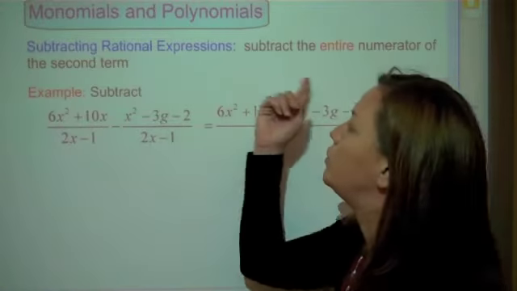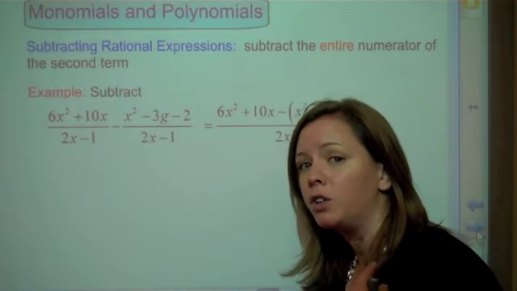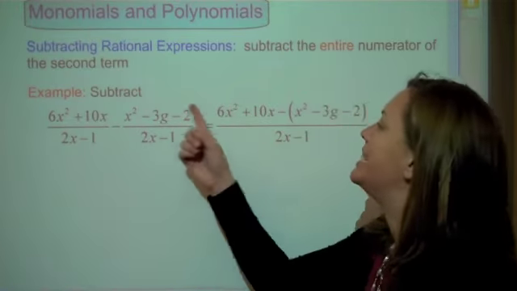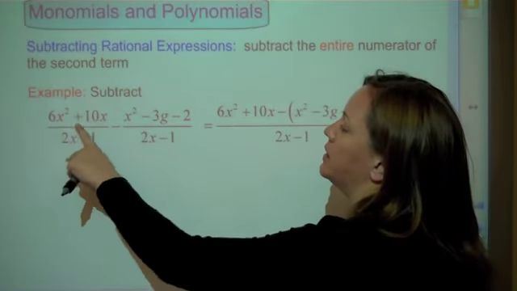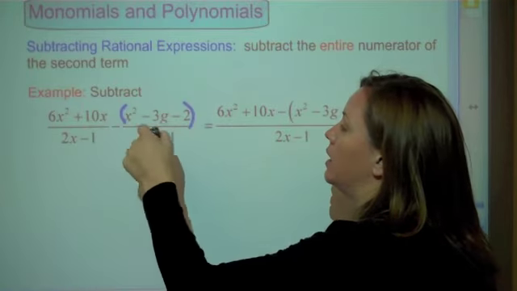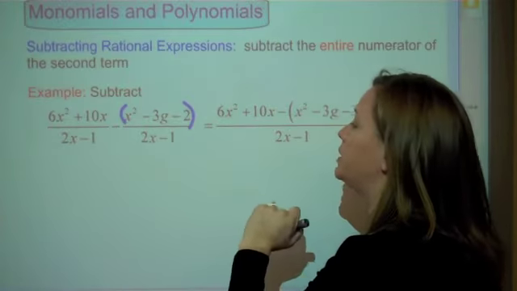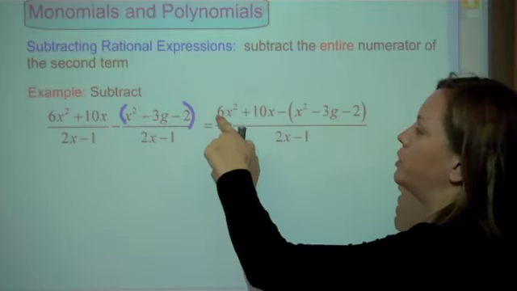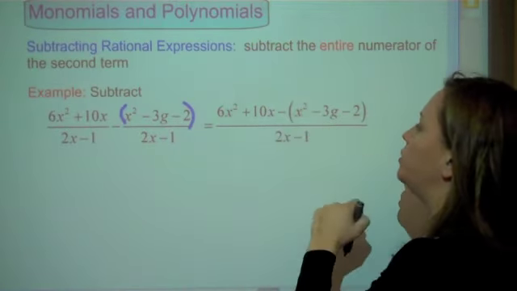So the same thing is true if we want to subtract rational expressions, but remember, just like with subtracting polynomials, we have to subtract the entire second expression. That means subtract the entire numerator of the second expression. So if we had 6x squared plus 10x over 2x minus 1 minus x squared minus 3g minus 2 over 2x minus 1. Combining those together into a single fraction, 6x squared plus 10x, minus quantity x squared minus 3g minus 2.